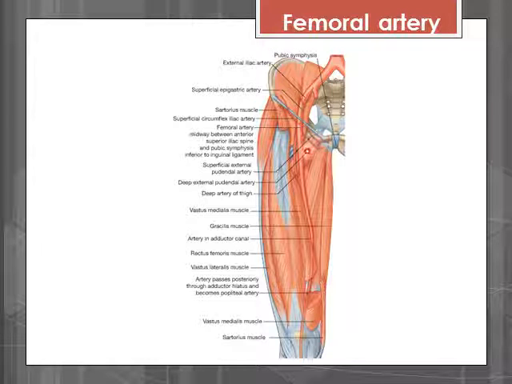The deep branches include one important branch, the deep artery of the thigh, or the profunda femoris artery, and the deep external pudendal artery. This is the deep external pudendal artery, and the last branch is the descending genicular artery.